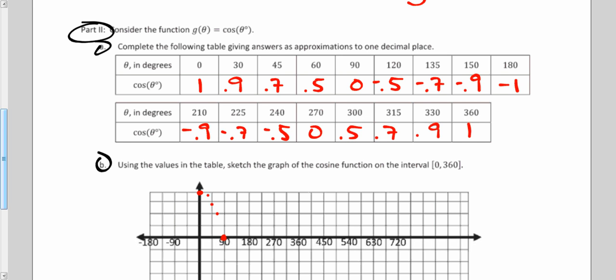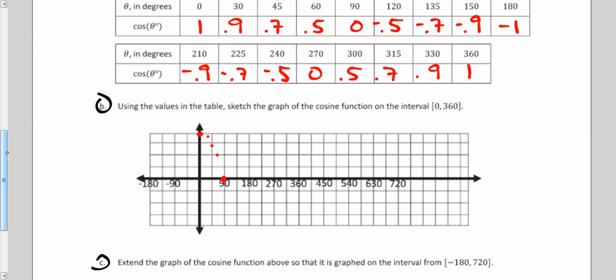And then we do the same thing, except in the negative direction. Now 120 is negative 0.5. 135 is negative 0.7. 150 is negative 0.9.